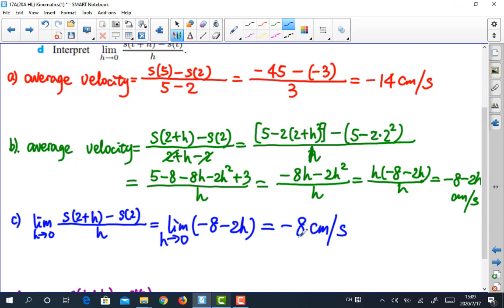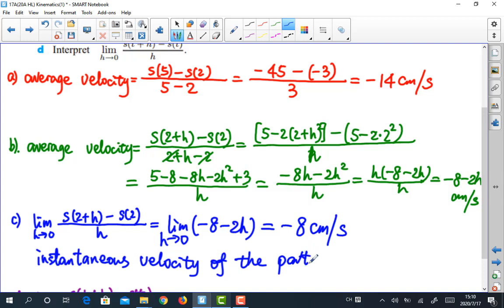This negative 8 centimeters per second should represent the instantaneous velocity of the moving object, of the particle here, at time t equals 2 seconds.